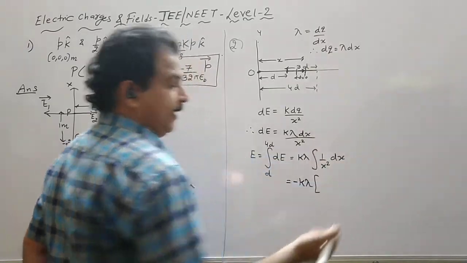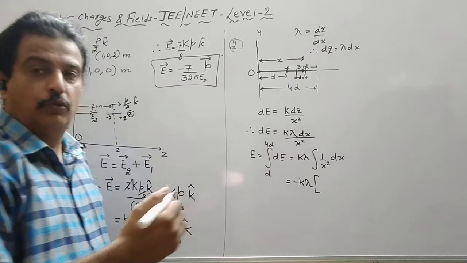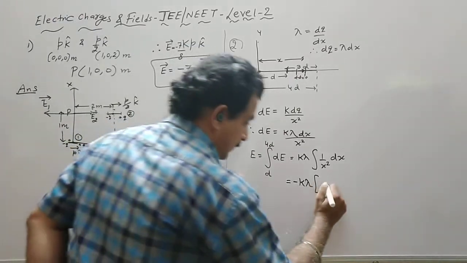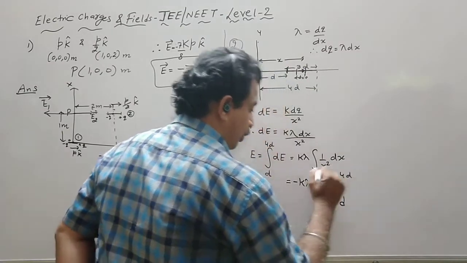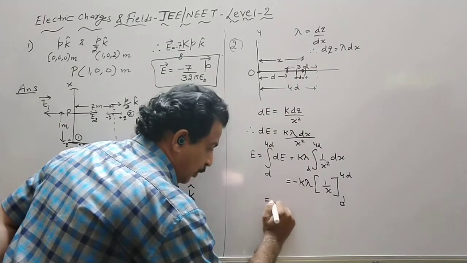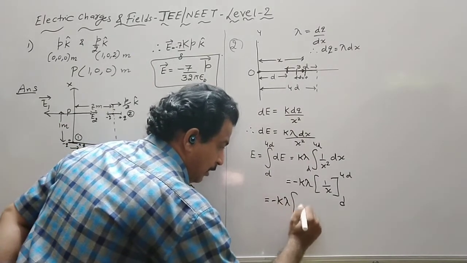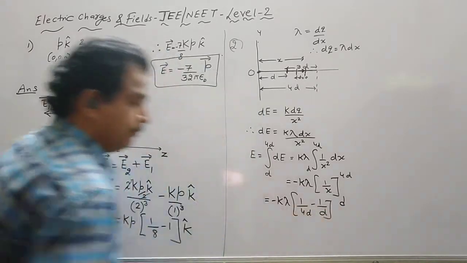The limits are from d to 4d. So this is equal to minus K lambda times (1 upon 4d minus 1 upon d).